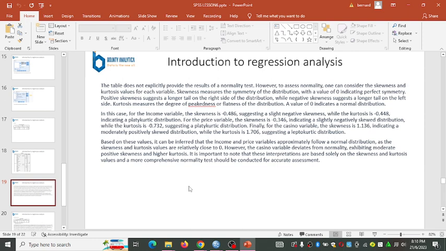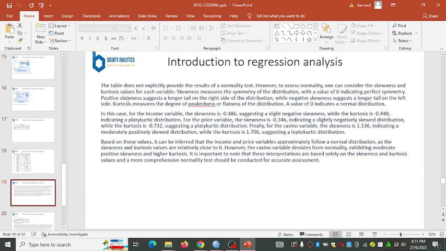Skewness measures the symmetry of the distribution, with a value of 0 indicating perfect symmetry, and positive skewness suggests a longer tail on the right side, right? I'm sure you understand what I mean. When you draw the histogram, you divide it by 2, from the negative point of x and the positive point of x.